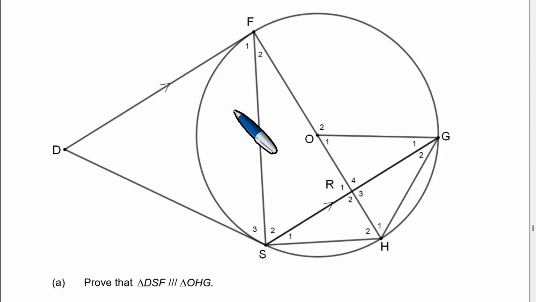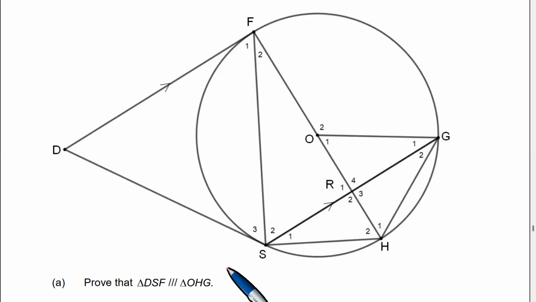And we're looking at this question. At this point, you need to prove that DSF is similar to triangle OHG. How do we even go about proving this?